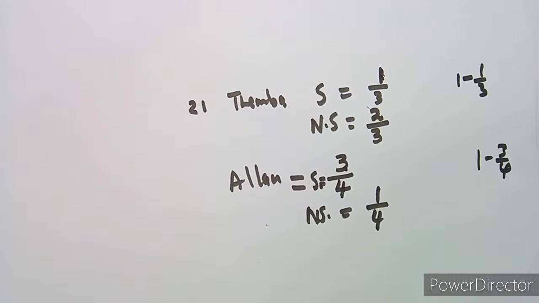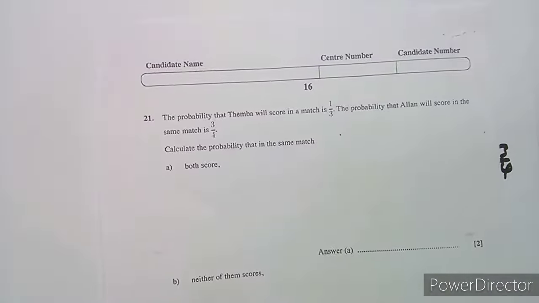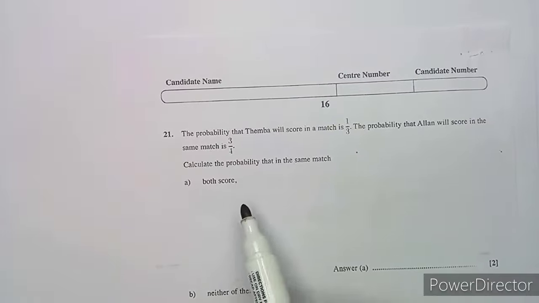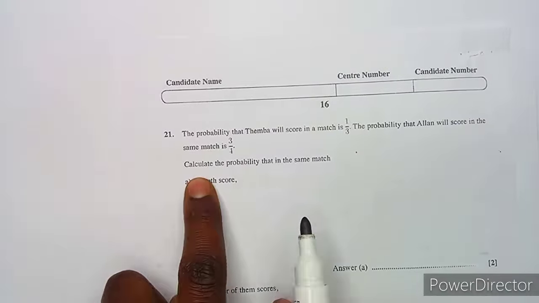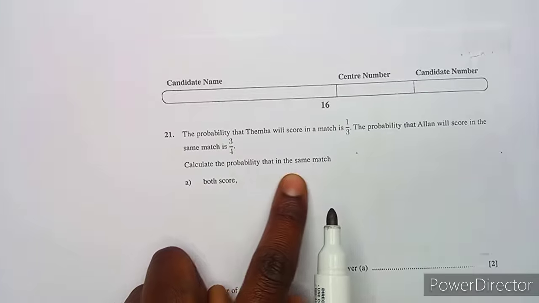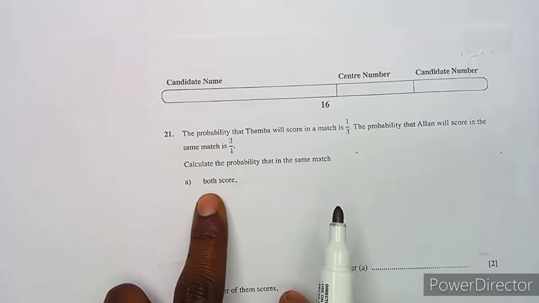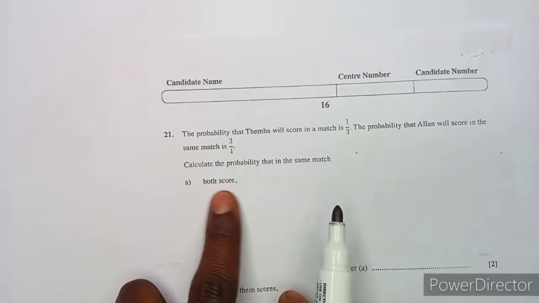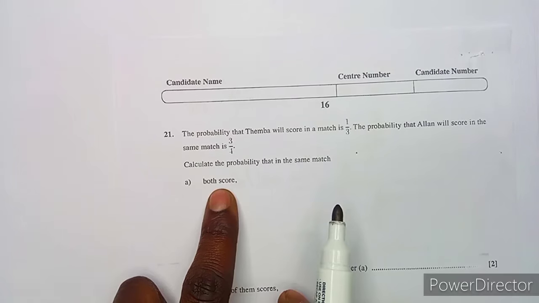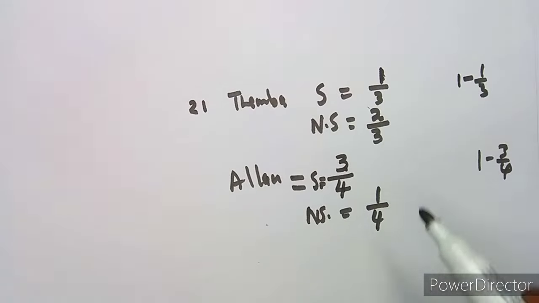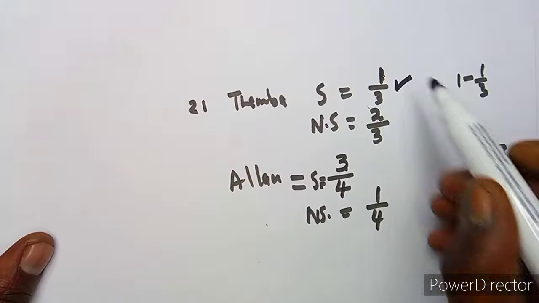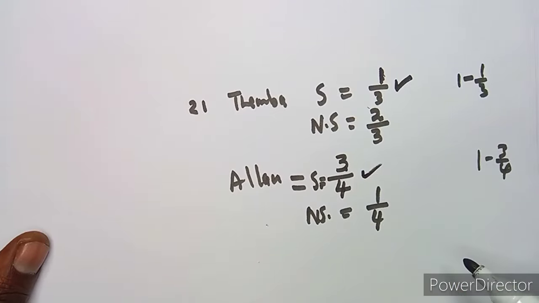You subtract using your fractions, and still you are going to obtain the same answers. So the question now is, calculate the probability that in the same match, both guys are going to score, which means you're talking of a condition where Temba is going to score and Alan is going to score.